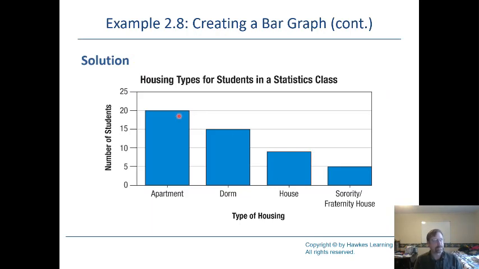So you can see we've got 20, the height of the bar matches the frequency. 15 in the dorms, 9 in the house, and 5 in fraternities or sororities. So the height of the bar, or if we tilted it sideways, the length of the bar corresponds to the frequency.